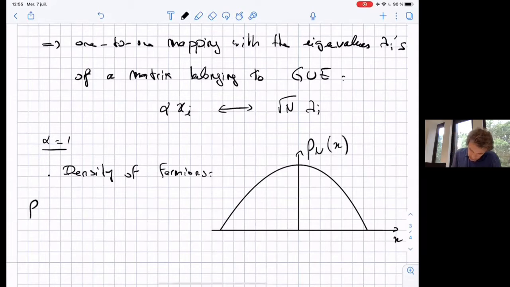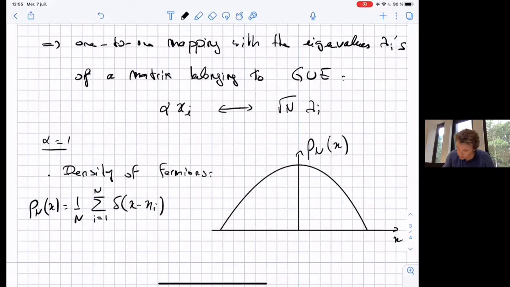So rho n of x, the way I define it here, is just 1 over n. Okay, and I will have the Wigner semicircle, but the support will be between minus square root of 2n and plus square root of 2n. Okay. So that's the first thing that we have for granted.